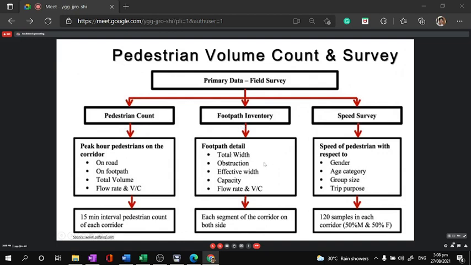And then the capacity, how many pedestrians can enter a road section or pedestrian crosswalk. And then again, flow rate and volume of traffic.